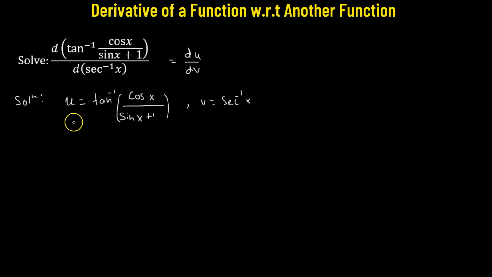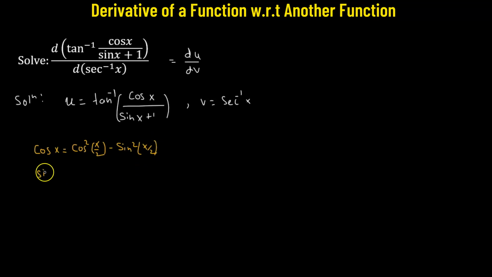So let's begin by finding the derivative of u with respect to x, but first we'll try to simplify the expression on the right hand side. Here, let's use an identity. From the half angle formula, cosine of x is given by cosine squared x over 2 minus sine squared x over 2.